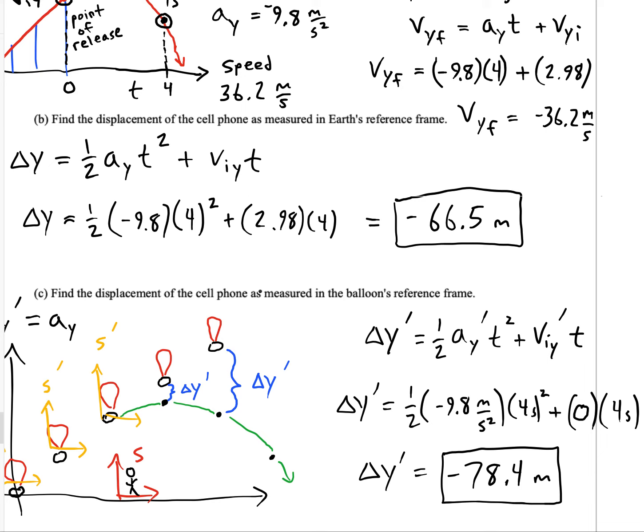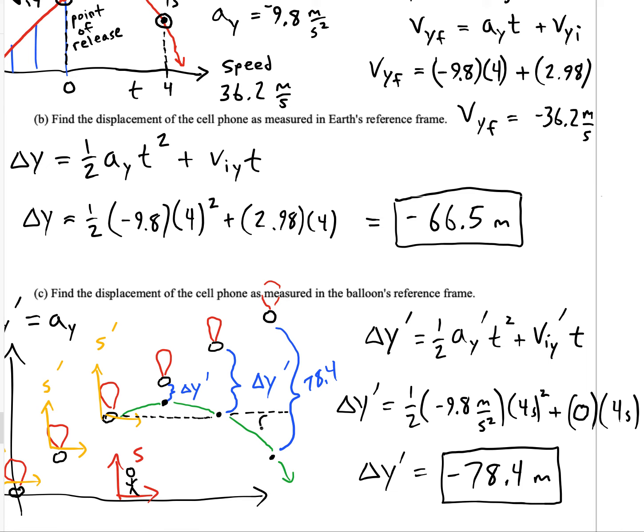And to explain why it's larger, check this out. This would be a drawing of the distance between the cell phone and the balloon as the balloon rises. So the distance would be 78.4 there. But the person believes, let's say this is the point of dropping.